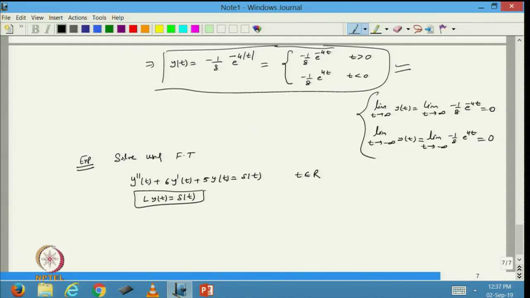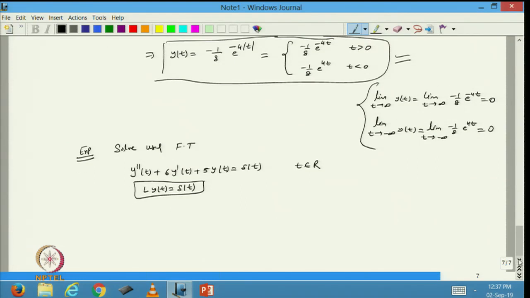If you remember, whenever we have a right hand side function as a delta function, the solution of this equation becomes the Green function. So, basically here I want to find the Green function of this differential operator L. In this case I know that my function y(t) is a well defined function satisfying all the sufficient conditions, and also it will be 0 at infinity.